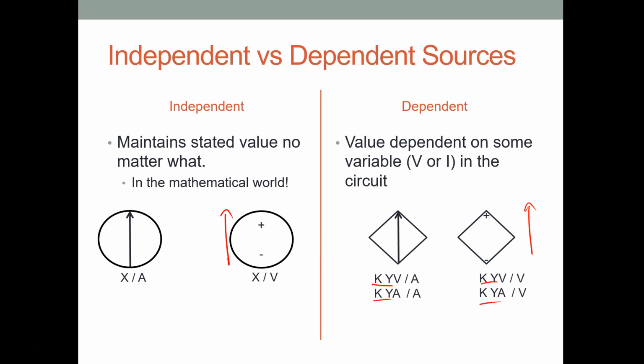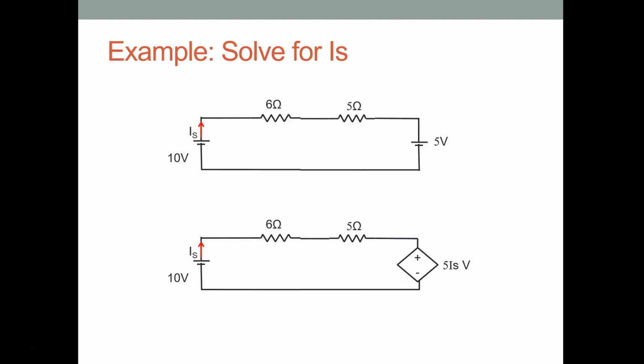So let's look at an example of a circuit with independent sources only and with dependent sources, and then you'll get an idea of how they differ. So in the first example up here we have two independent sources.